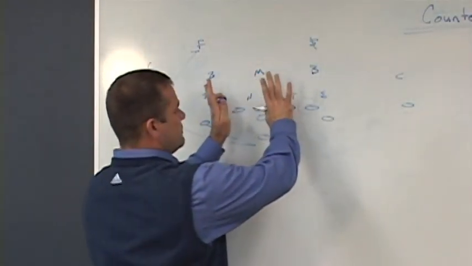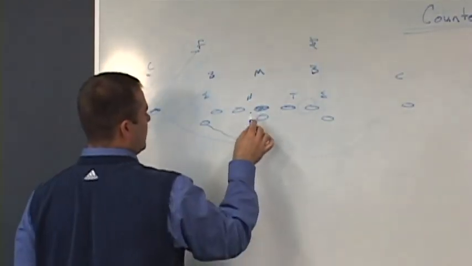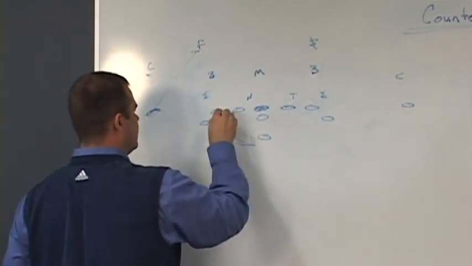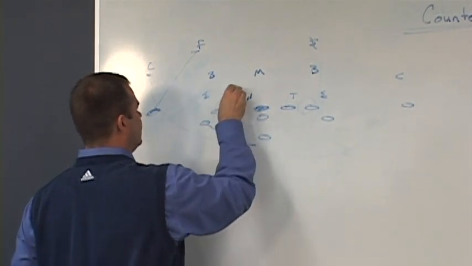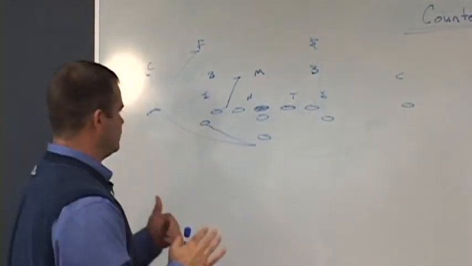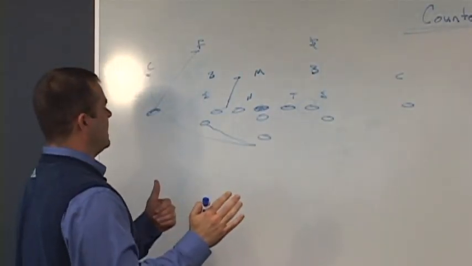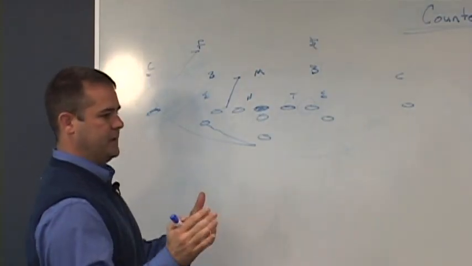Now you can see we can have flow action here. As we look here, everything is a back scheme. We're back blocking away from the call. So this guy's protecting B gap. If you look at this play, a lot of the same concepts for our quarterback are just like inside veer as far as who your pitch key is.